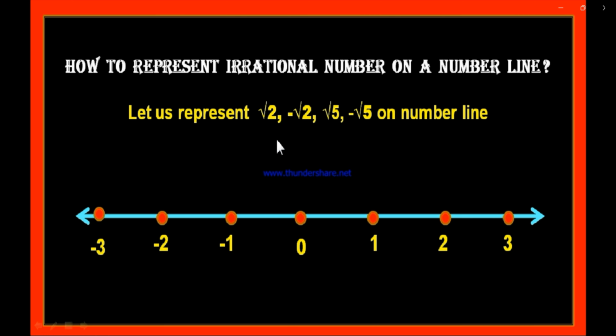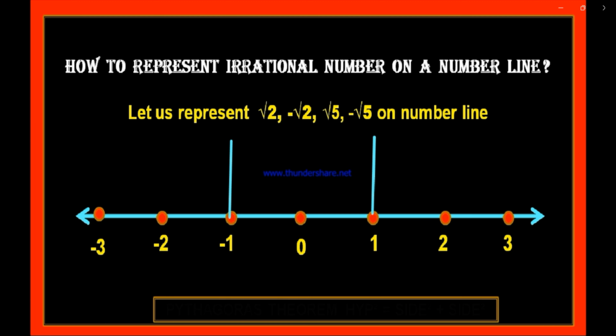Later we have to find where plus root 2 lies on this number line, and where minus root 2 lies. In order to get it, you may draw perpendicular lines at plus 1 and minus 1. Understood? Draw a perpendicular line at plus 1 as well as at minus 1.